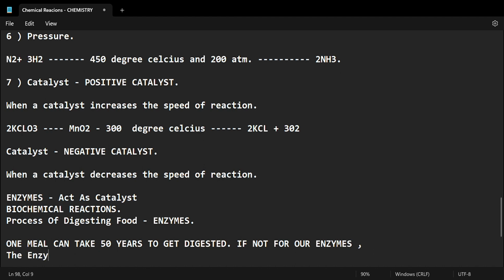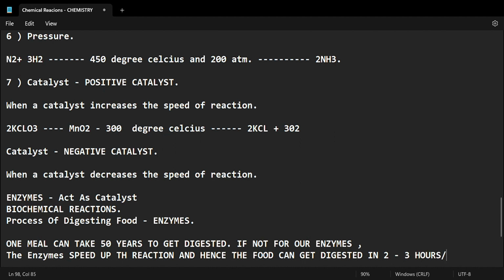The enzymes speed up the reaction, and hence the food can get digested in 2 to 3 hours. So every time you eat food now, thank our enzymes, or else you would only eat one meal every 50 years.